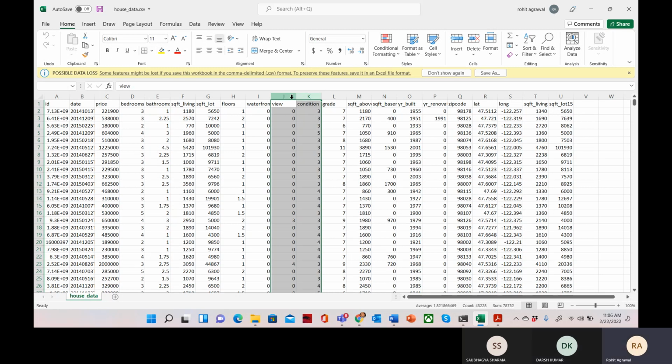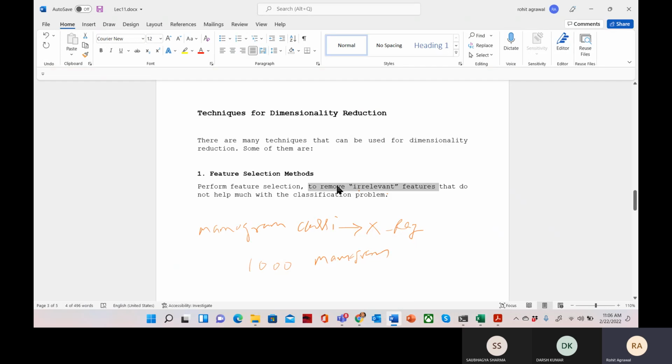Also there is one more feature, the pin code, and you are also having latitude and longitude. If you are having latitude and longitude, then what is the need of the pin code? So you can remove that.